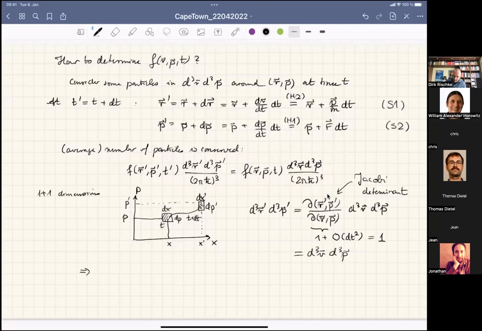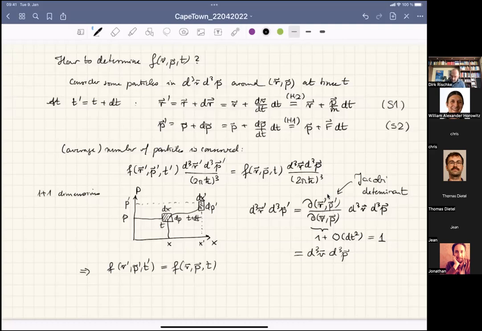And you obtain a very important result: that the transported distribution, sorry, forgot the prime at the t, so that mistake also here, is actually the old one. If you just transport, nothing happens.